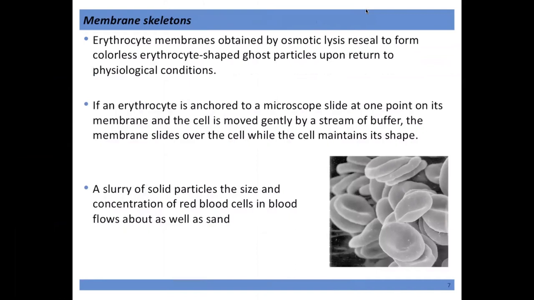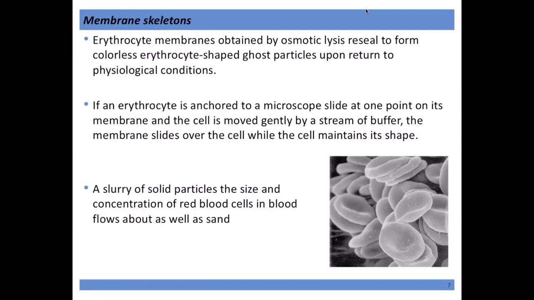So we know that there's proteins inside of cells that actually give them structure, and this comes from what are called erythrocyte ghosts. So what you do is essentially you osmotically lyse the cell, put them in very pure water, and then the water is going to move into the cell and cause it to burst, and all the stuff inside the cell actually leaves.